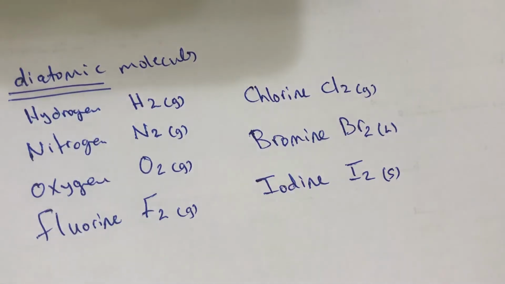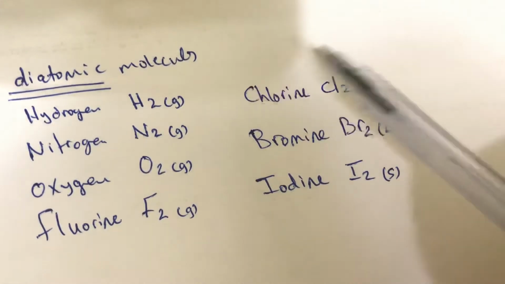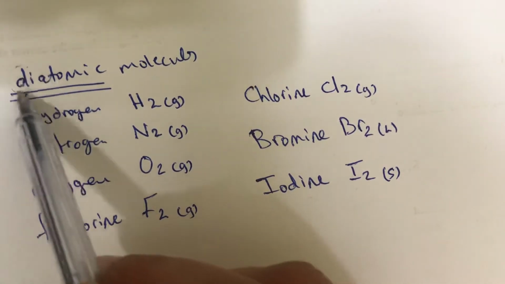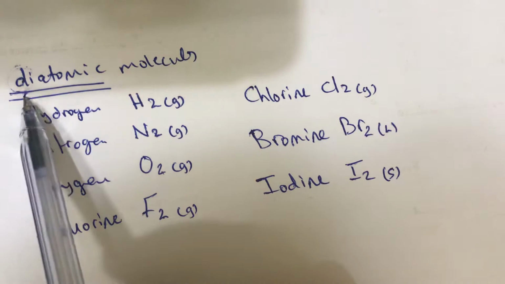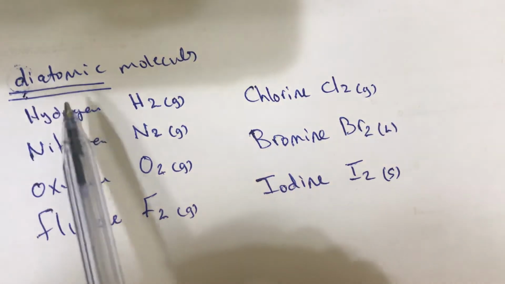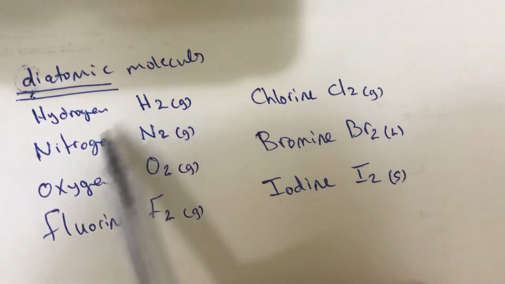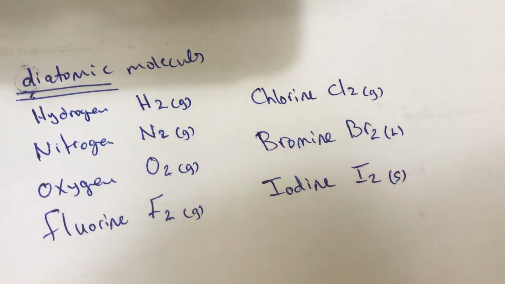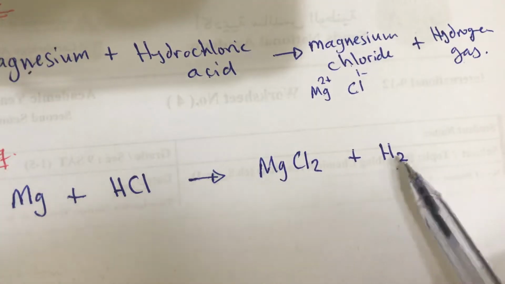So these elements naturally exist as diatomic molecules, related to the number 2. In an equation, if the product or reactant is hydrogen, you have to know it's H2, nitrogen, N2, oxygen, O2. So here again, hydrogen gas, H2.